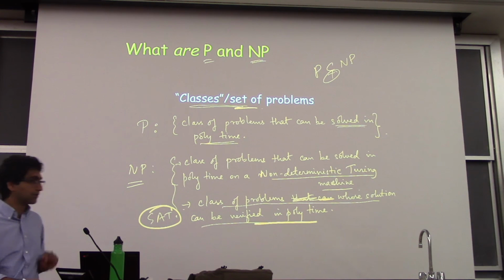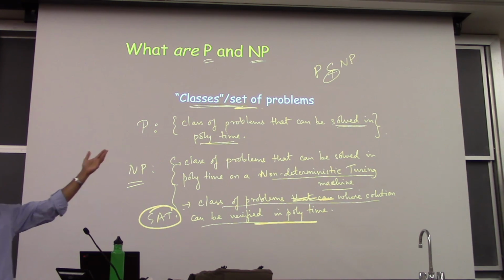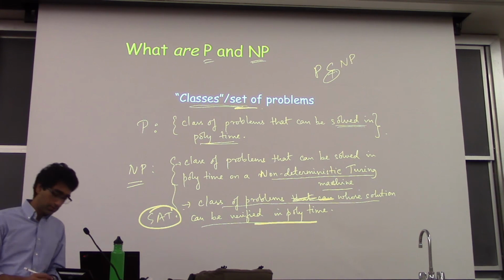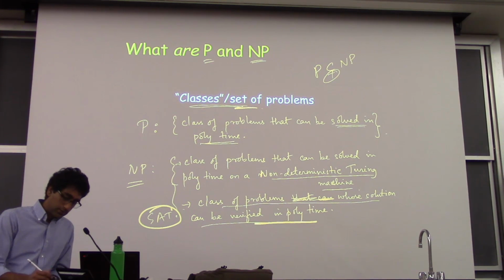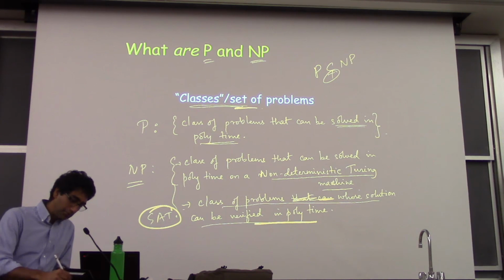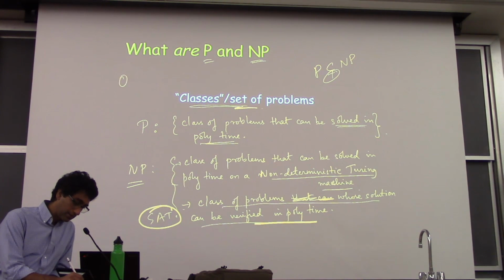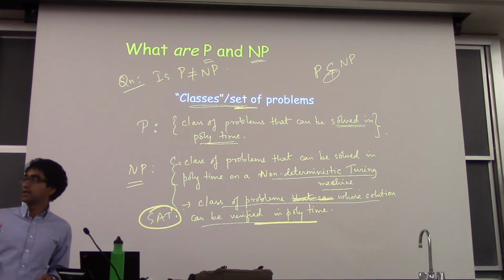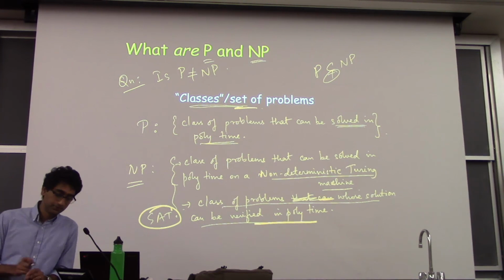So we don't know that there exist problems in NP that are not in P. And literally the $1 million question is: P not equal to NP? You know that one is contained in the other, but we don't know if it's strict.